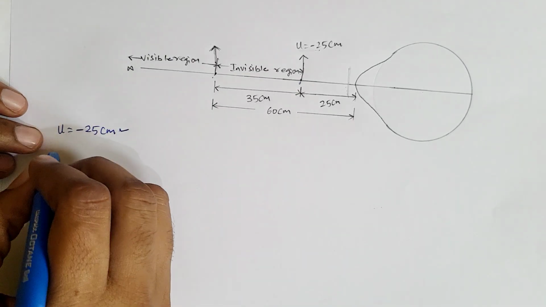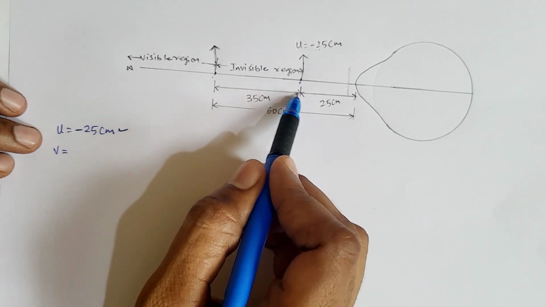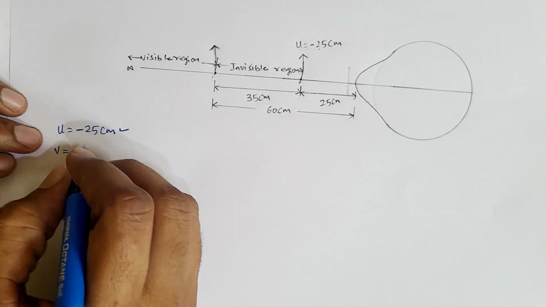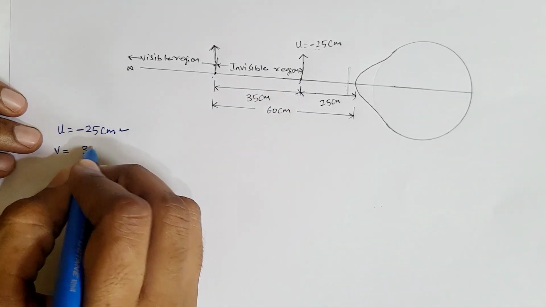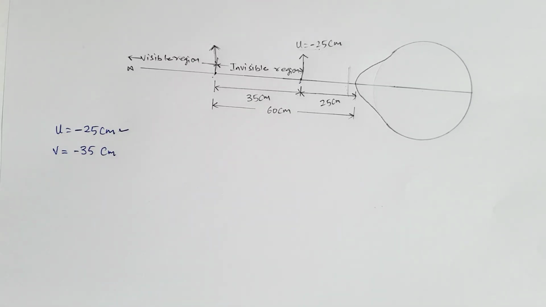And what about the image distance? Image distance will be given in the question. See, now in this one, image distance is minus 35 centimeters. And one more thing you need to remember: in myopia also, hypermetropia also, u and v both will be negative.